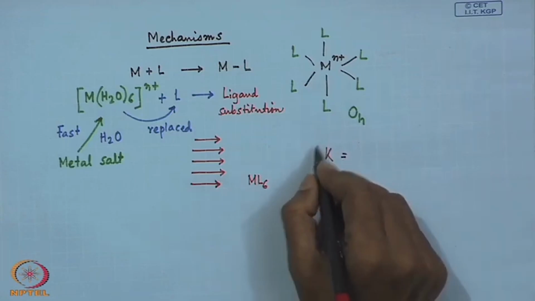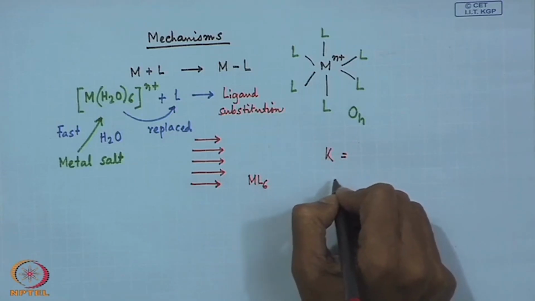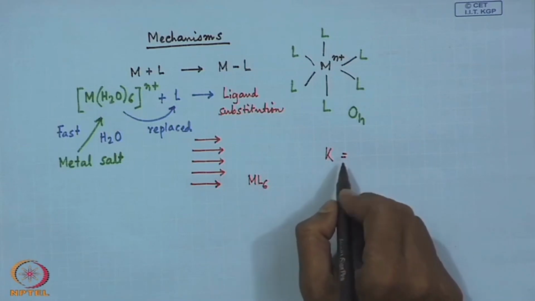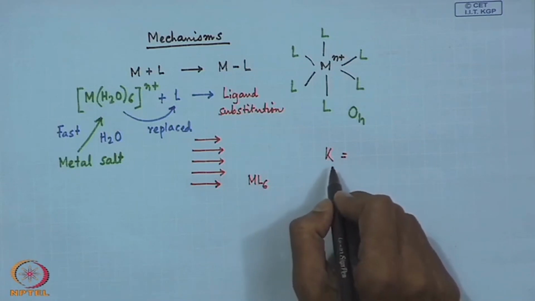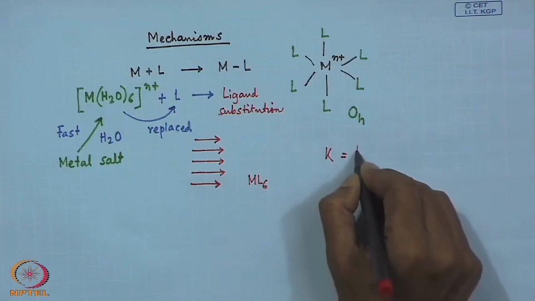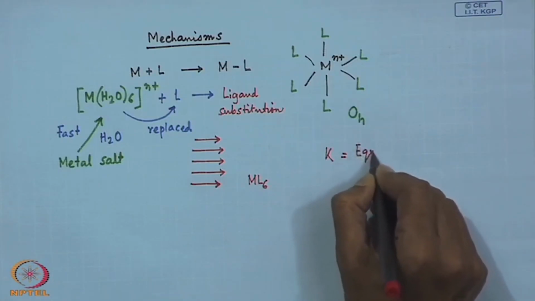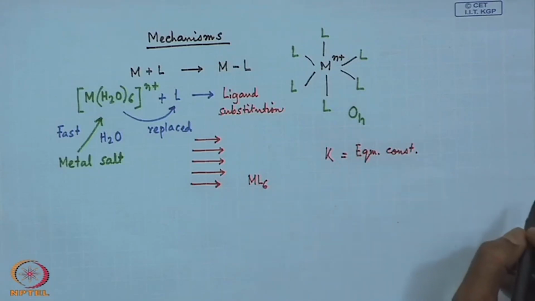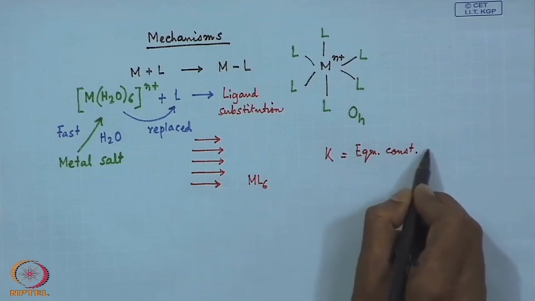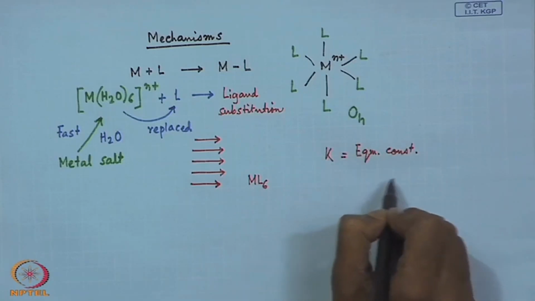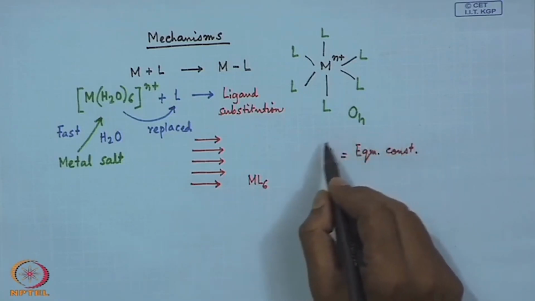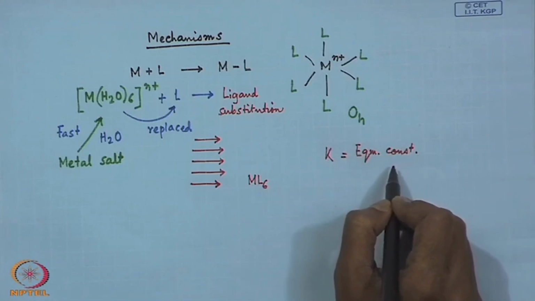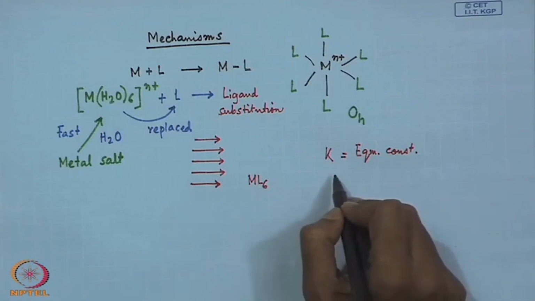We also know that, depending upon the nature of the ligand and its chelating behavior, the stability constant of the metal complexes, this K, we get as the corresponding equilibrium constant. That K has a relation with the thermodynamic stability of the complex, and we consider the compound stable if the K value is pretty high.